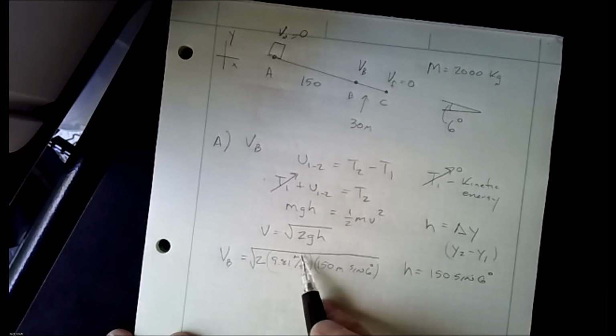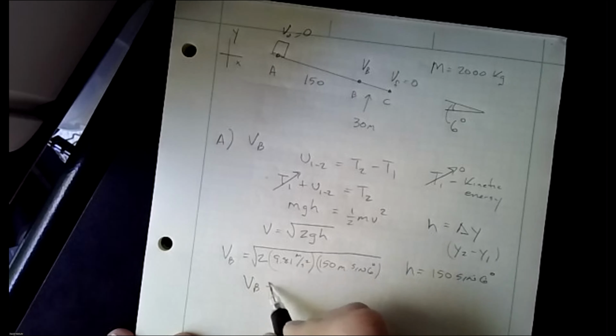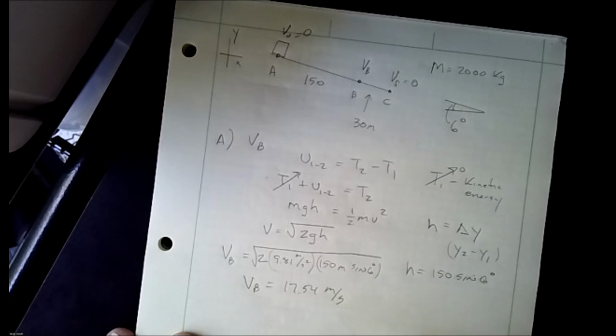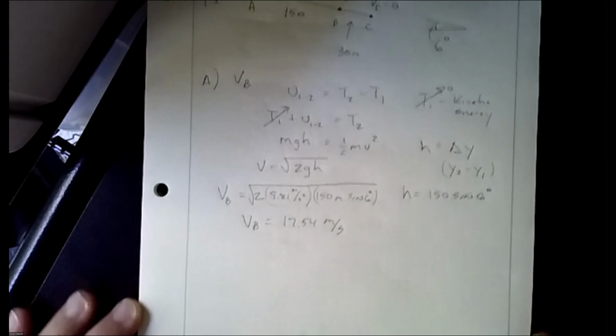Meters squared over seconds squared, square root, gives meters per second. We find that VB is 17.54 meters per second. That's how fast it went, just from the change in kinetic energy. So pretty easy.